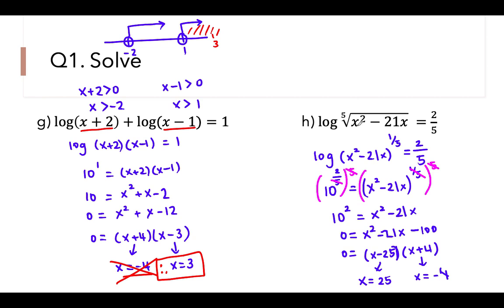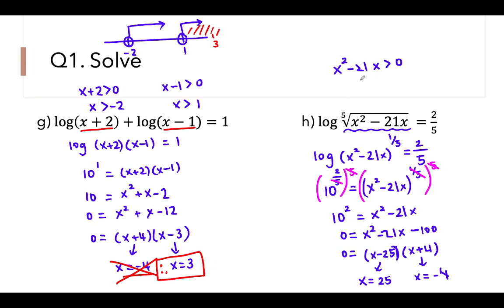So we want this to be greater than 0. So x squared minus 21x greater than 0. The fifth root doesn't matter because as long as the radicand is greater than 0, that's all that matters.